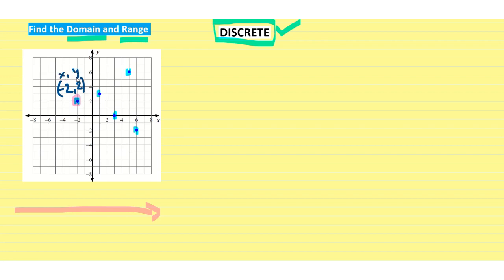So our domain values have to do with the X-axis, that means it also has to do with the X values. So on that particular point, we have an X value of -2.